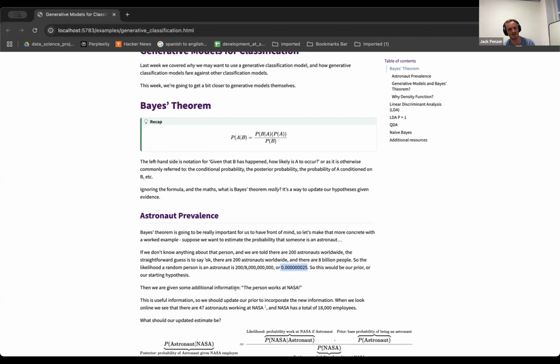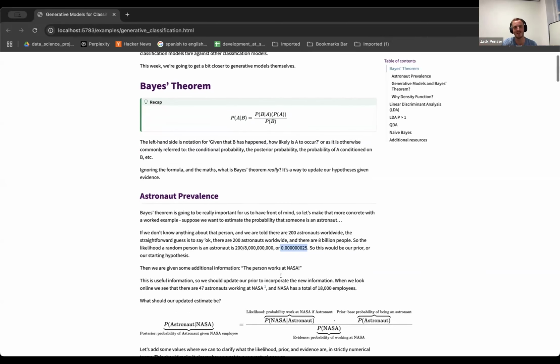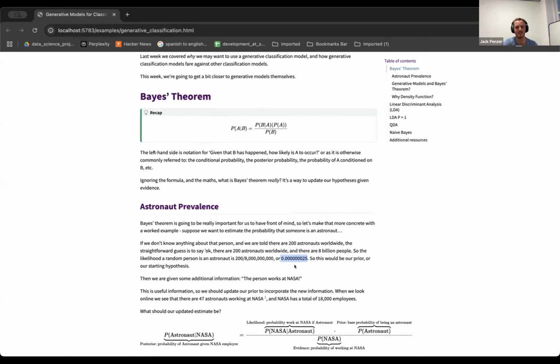There's a little bit of a gotcha where people often say, well, the fact that someone asked you if it's an astronaut, maybe you should think it's more likely. But let's just say in most cases, you just want to say, okay, no, this is just the baseline probability. I've got no other information. So that's my estimate. But then you get given some new information, and it's that the person works at NASA.